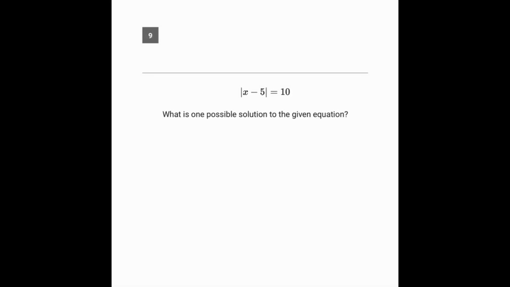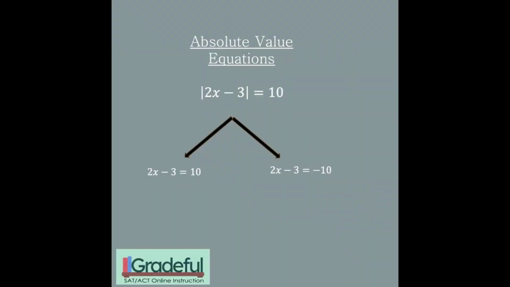Now going to question number 9, here we have an absolute value equation, and you basically have to have memorized that in a situation like this, you'll have a positive and a negative scenario. In other words, one where you just leave the equation alone and take away the absolute value symbols, and then another where you do the same thing, but you apply a minus sign on the other side.